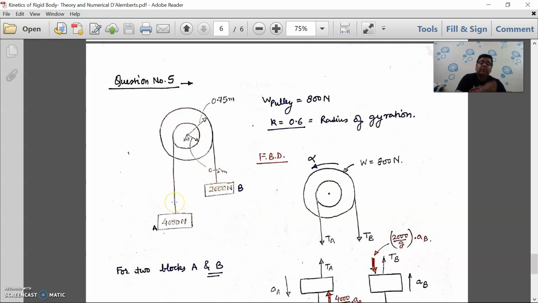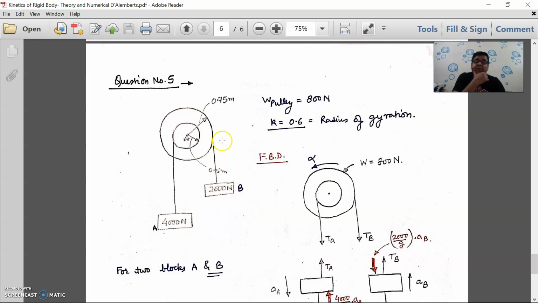Because this weight is 4000 Newton, even though it is moving on the lesser radius pulley, the motion will still go this way. So this block will go down and this block will go up, no issues.